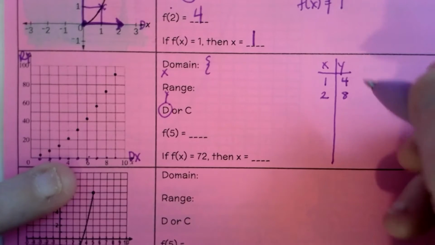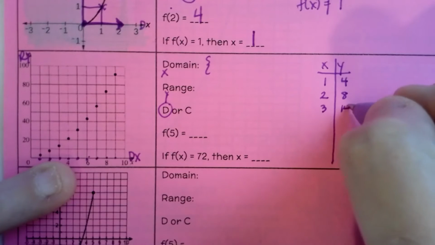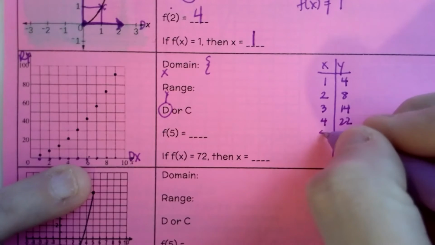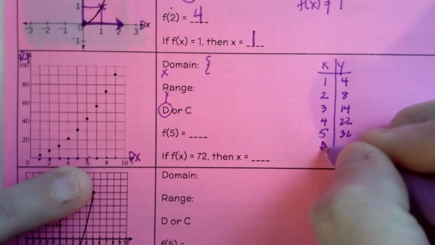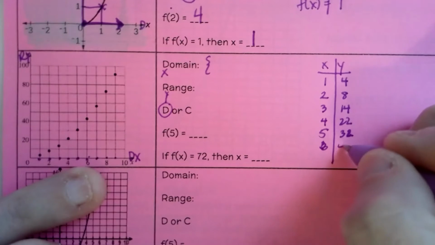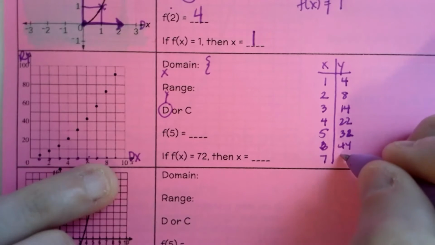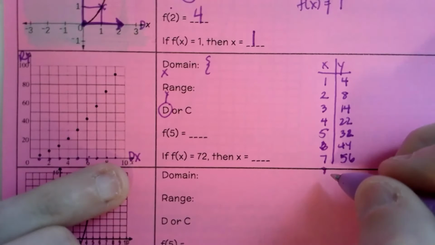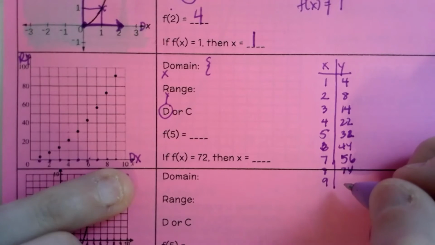Then 3, 14. Then 4, 22. 5, 32. 6, 44. 7, 56. 8, 74. 9, 92.